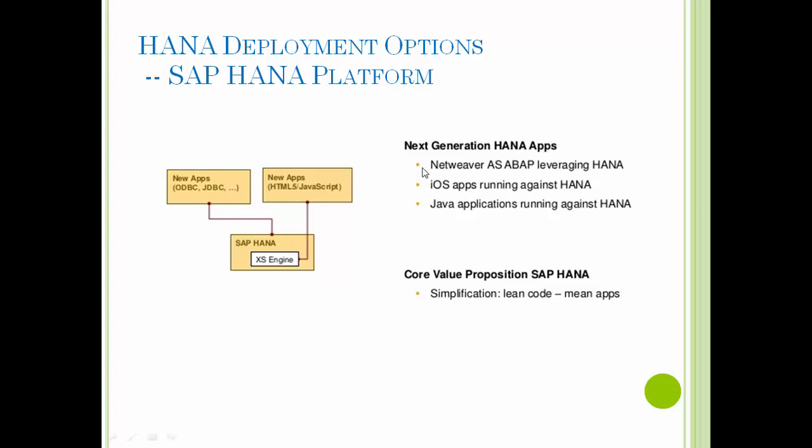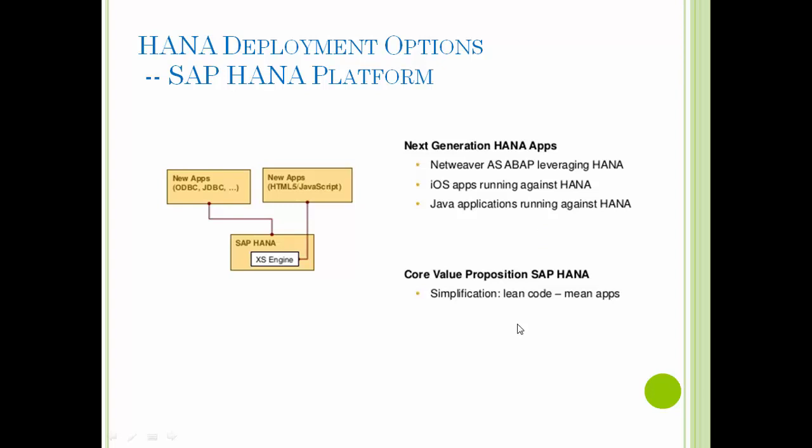So as I said, we can leverage SAP HANA as a platform and build standalone next generation HANA applications on top of it. Could be iOS applications or Java applications running on top of HANA.